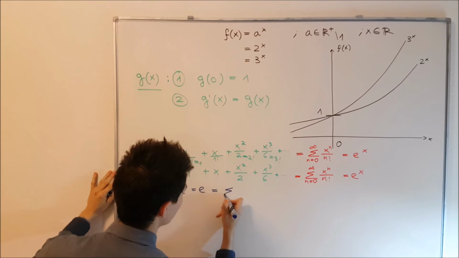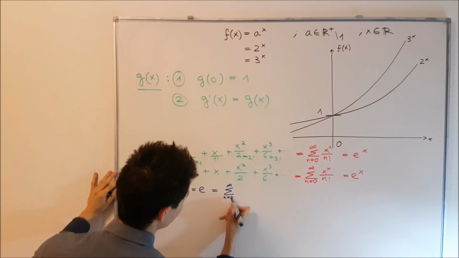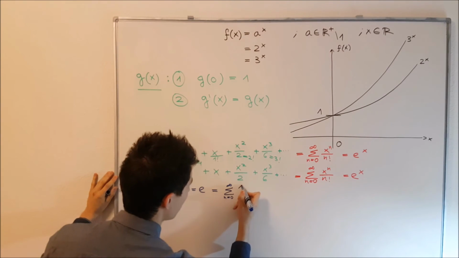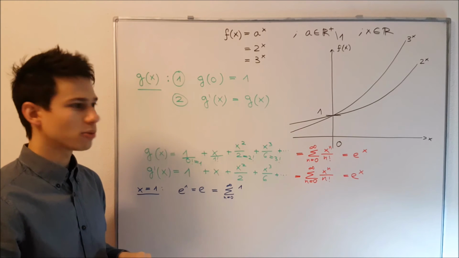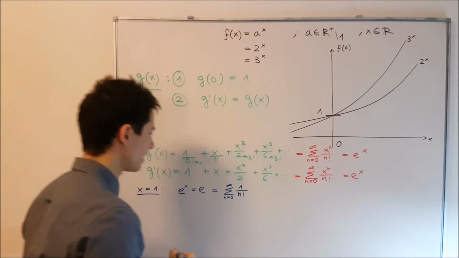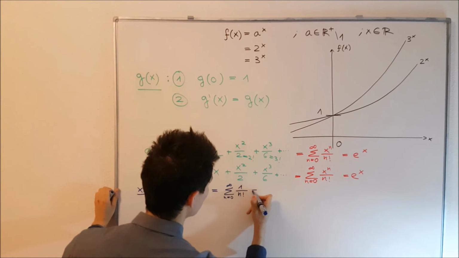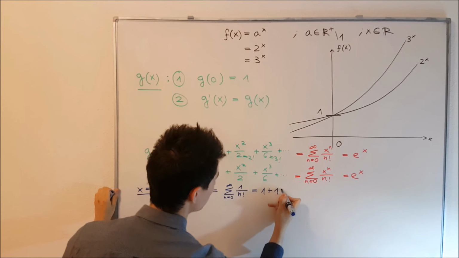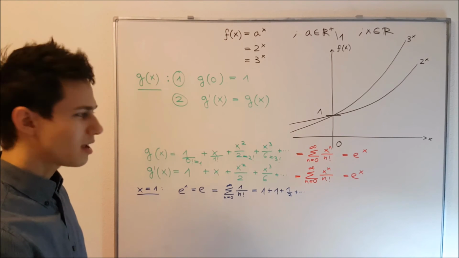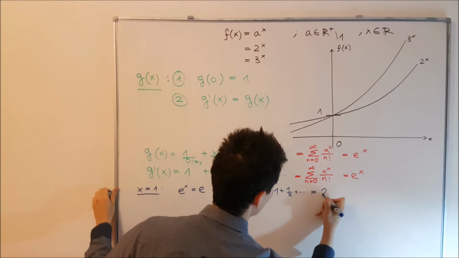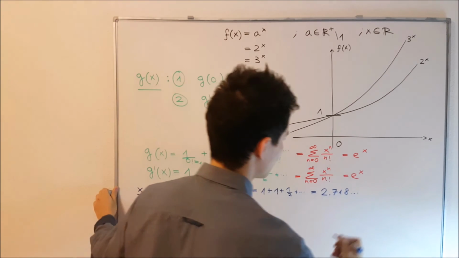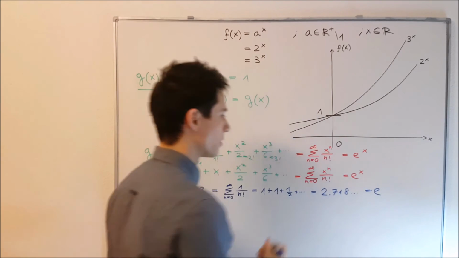And what we will get is the sum from n equals 0 until infinity of 1 to the nth power, and this will just equal 1 because 1 to any power will give you 1 back, and this divided by n factorial. And if you write out some terms of this series, you will get 1 plus 1 plus 1/2, and so on, infinitely many terms. And this would be approximately 2.718, and so on. And this is the Euler number e.